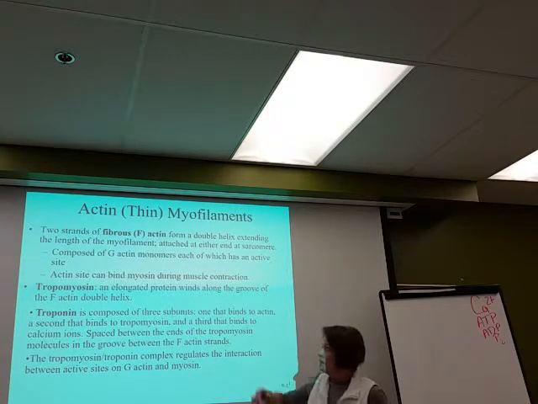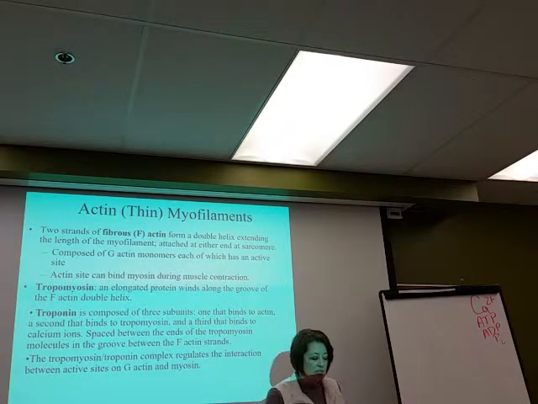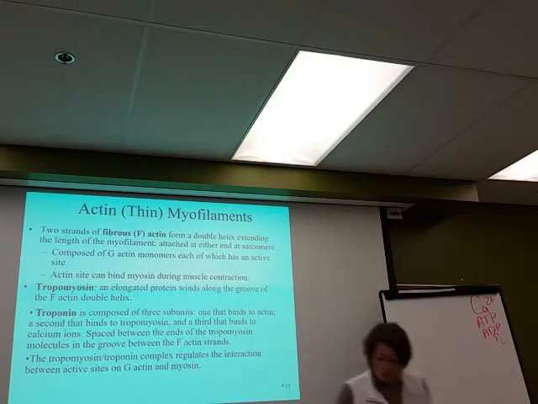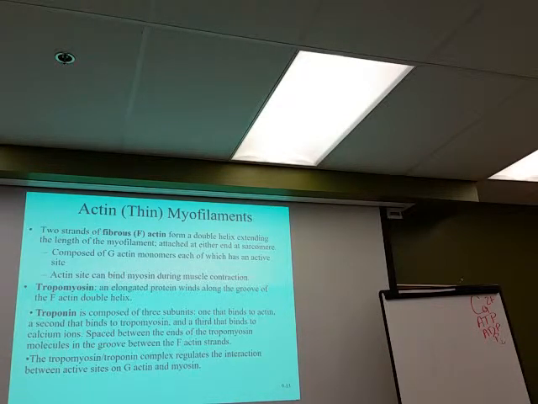Okay? So the tropomyosin looks like a rope. The troponin was the 3 pieces. At every single bend of the double helix, those 2 meet together. And this is now called the tropomyosin troponin complex.